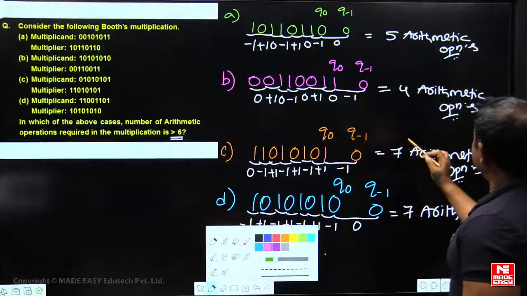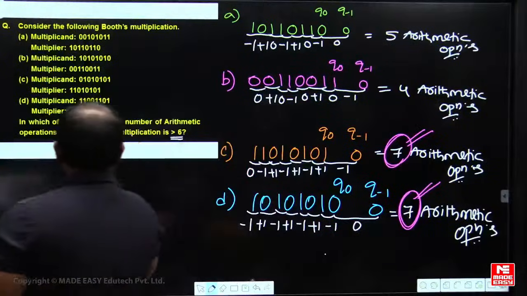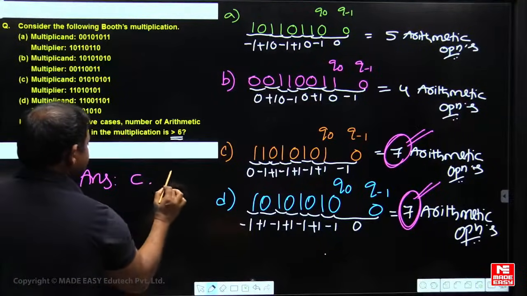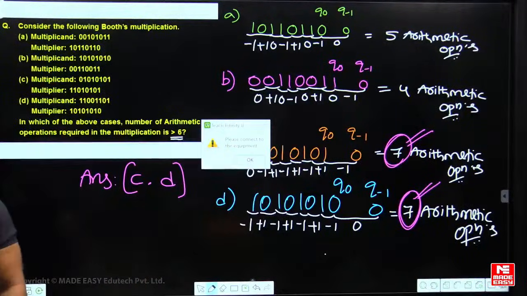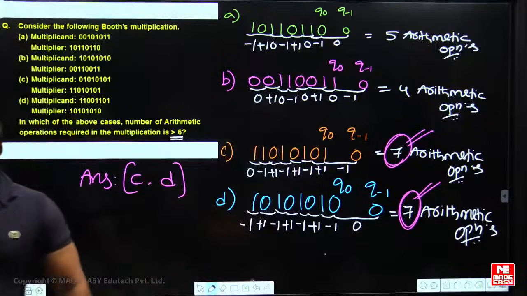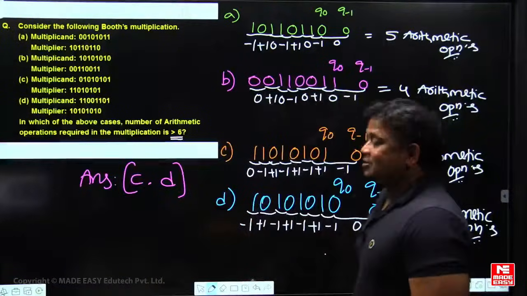So greater than 6 is present in C and D. This question, C and D. Very good. Thank you, students. All have given the right answer.